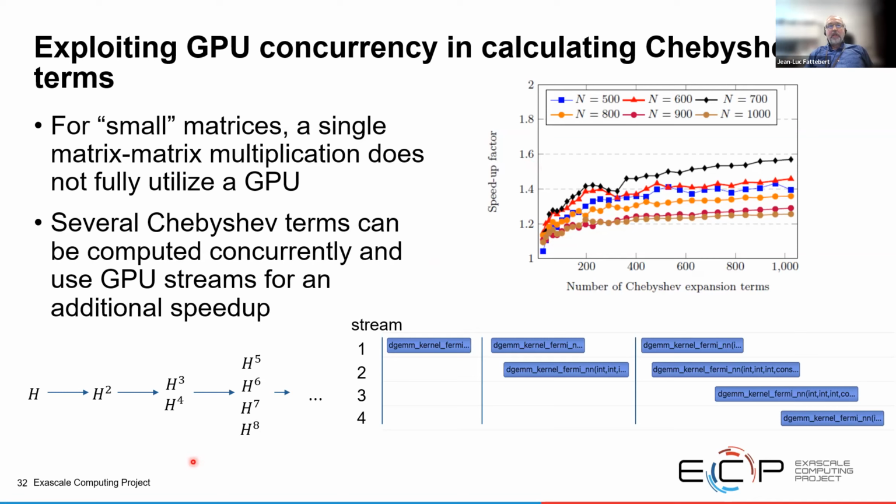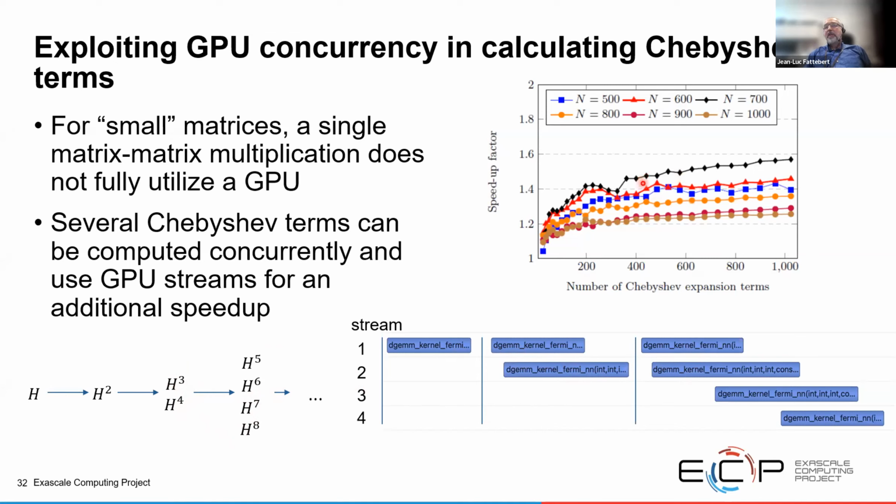For example, if you think about a simple polynomial of matrices and you want to calculate all the terms up to the power 8, this is a kind of sequence you can do. When you have the power of 3 and 4 and beyond, you have several calculations you can do simultaneously. You can translate that into GPU streams and have an additional speedup.